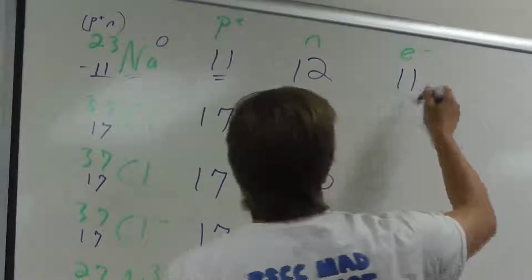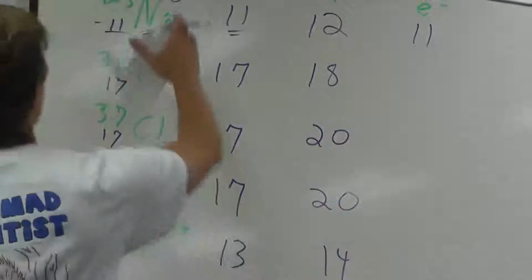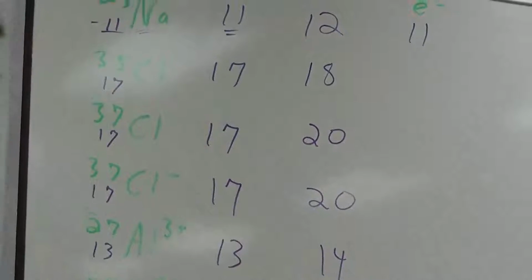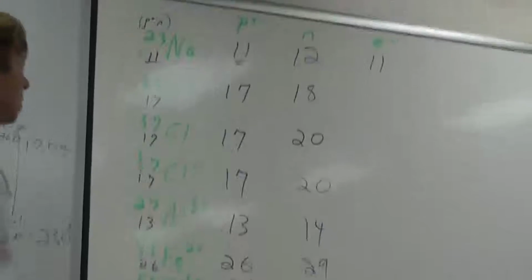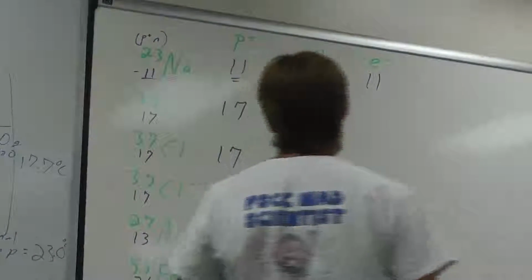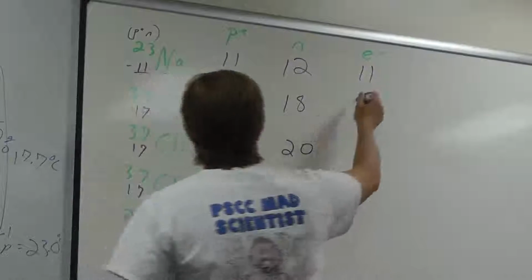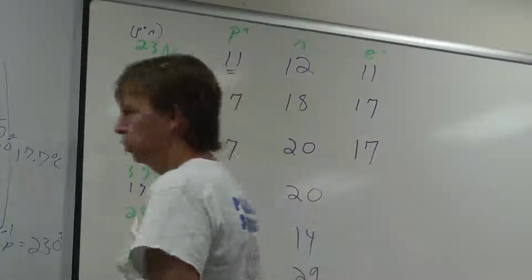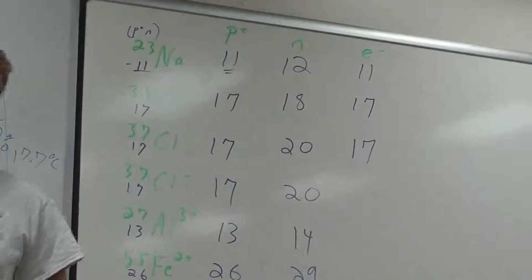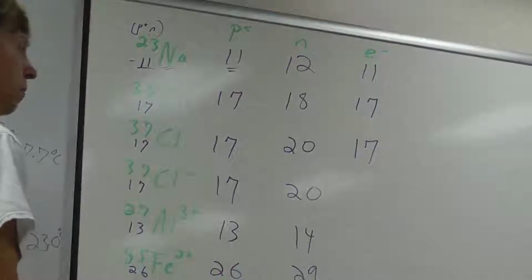Apparently 11. You've got just as much negative as you do positive, therefore no net charge, therefore no charge showing. The two next ones, where it's chlorine but not charged, that would also be 17 electrons to match your 17 protons, correct?